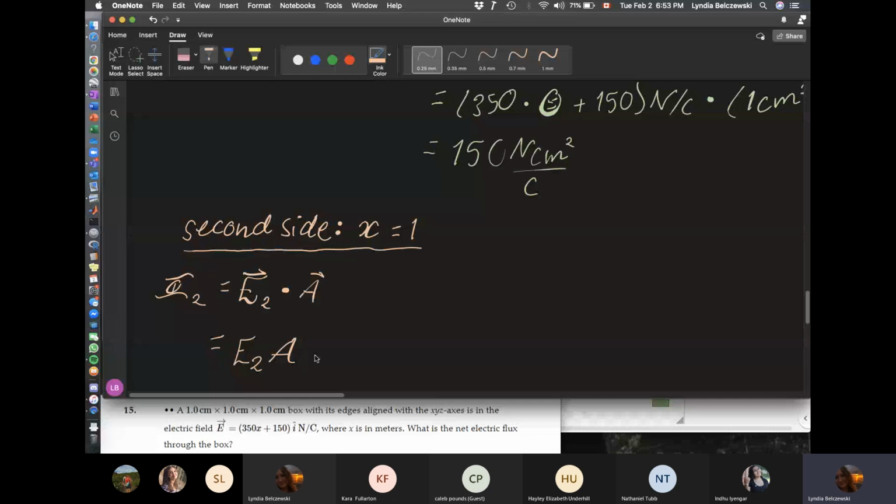Okay, so now I see. In the original question here, it's 350x plus 150. So that x is just the x value of the coordinate system. Is that what you meant? Or I might have written something weird too.